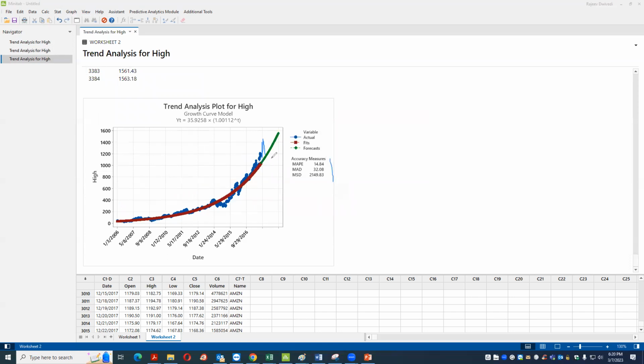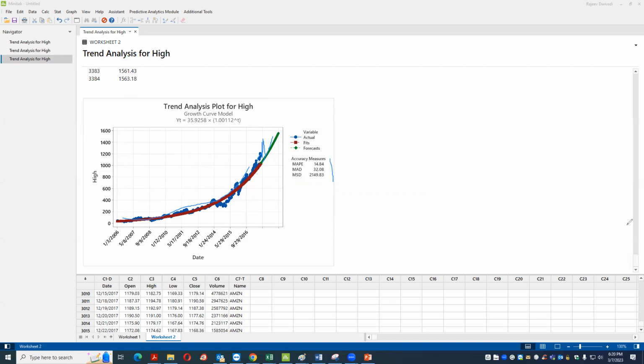You can see the accuracy measure, and the trend is going this way. The forecasted value is also going in the same direction. This looks like a very good model because the forecast is completely overlapping the actual numbers. So this model seems to be better.